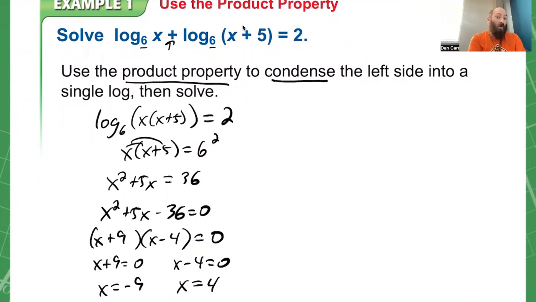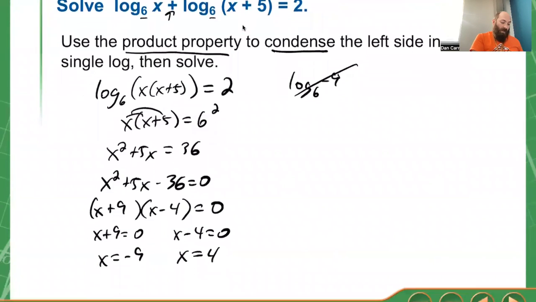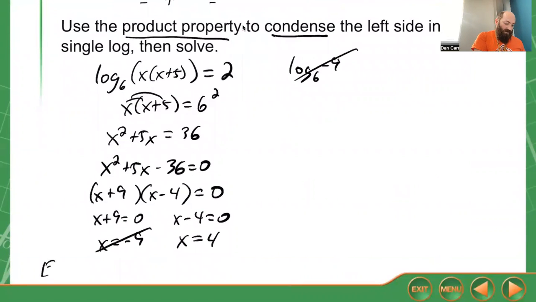However, since we're dealing with logarithms, we need to double check. Do these actually work in the original problem? Negative 9 will not, because if I plug in negative 9 here, log base 6 of negative 9 does not work. So that actually makes this extraneous.